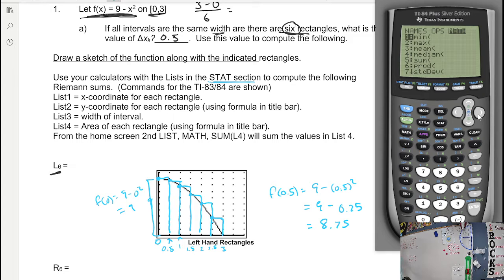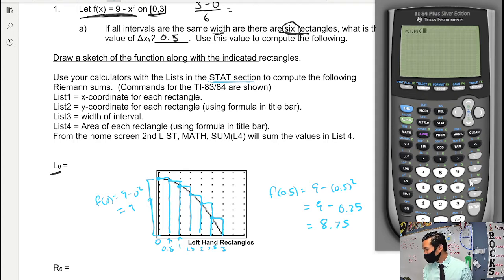One of them that I care for is the sum. If you ever decide to take statistics, this is how you find things like the standard deviation. Anyways, let's go ahead and find the sum.